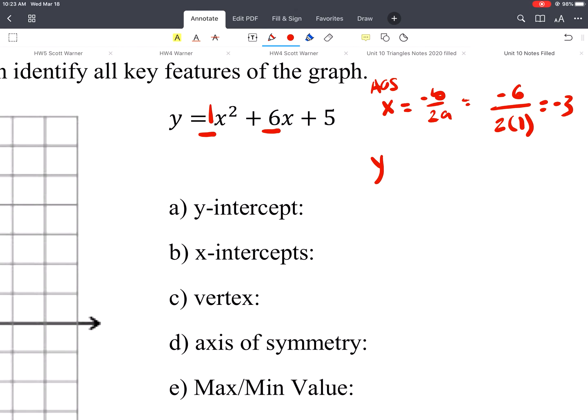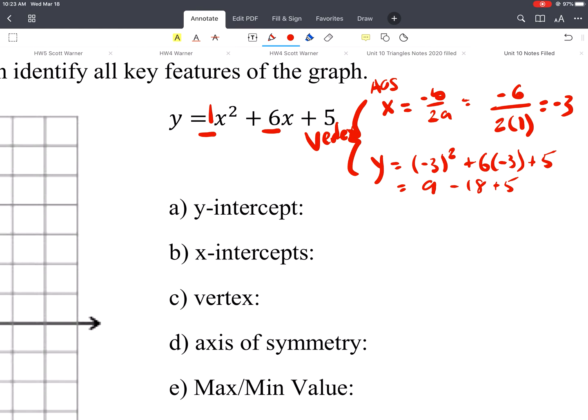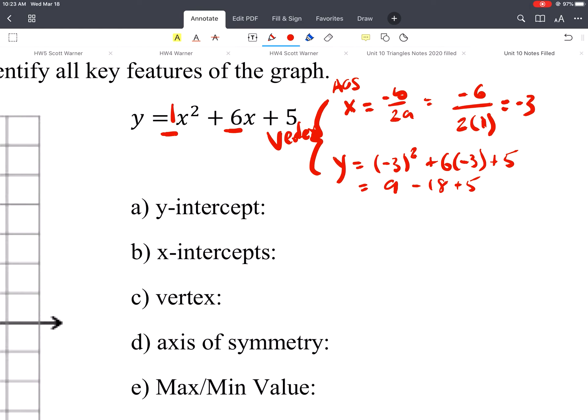And then the y value for our vertex, so this is our vertex, would do negative 3 squared plus 6 times negative 3 plus 5. So that gives you 9 minus 18 plus 5. This looks very similar, like we've done this one before. Anyways, and this ends up giving us negative 4. So our vertex is negative 3, negative 4.